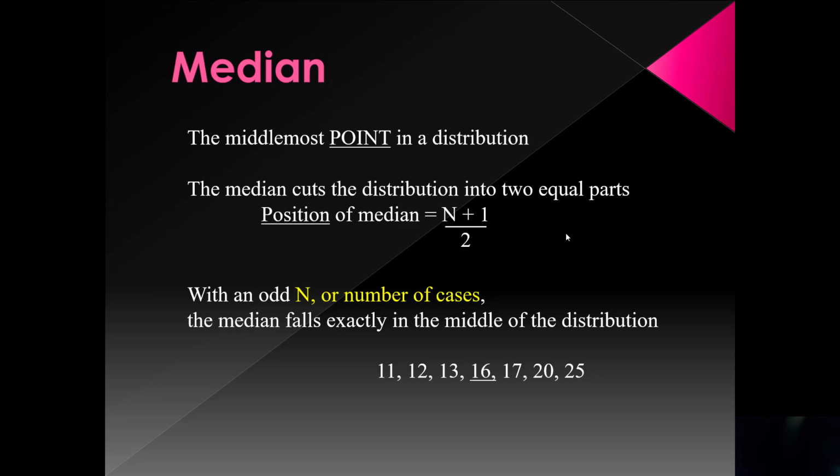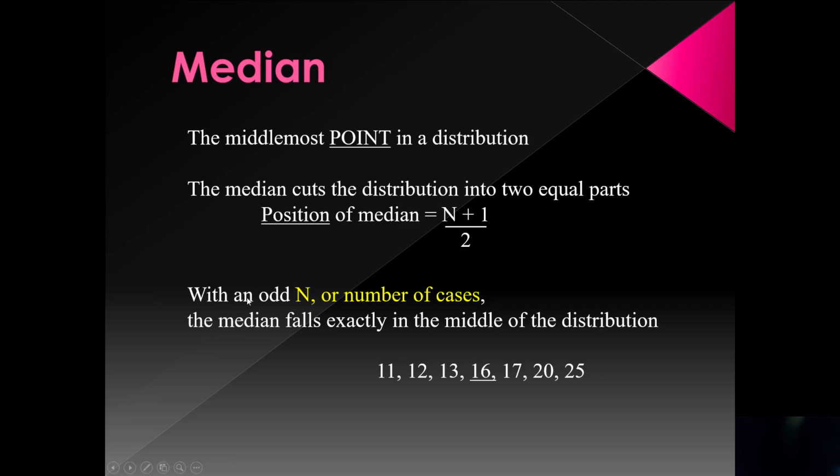And here is the formula to find the position of the median: n plus 1 divided by 2. If I haven't told you already, n stands for the total number of values in a distribution. So you're going to just add 1 to that number and divide it by 2, and you will get the position of the median. You will not get the median.